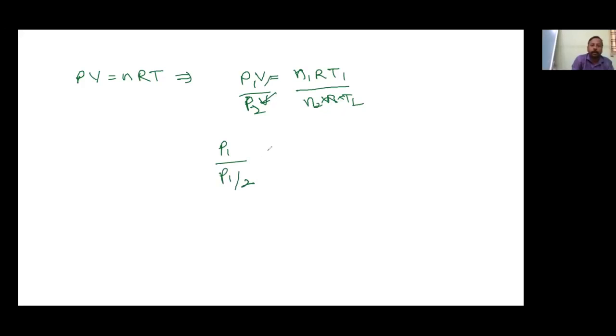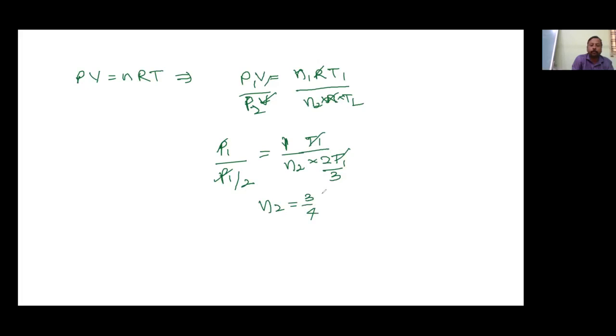N1 we know already, N1 is equal to 1, divided by N2, which we want to find out, and R will get cancelled. Temperature T1 is as it is, and T2 is 2T1 by 3. So this and this will get cancelled, and P and P will get cancelled. If you find N2, it is 3/4 moles.